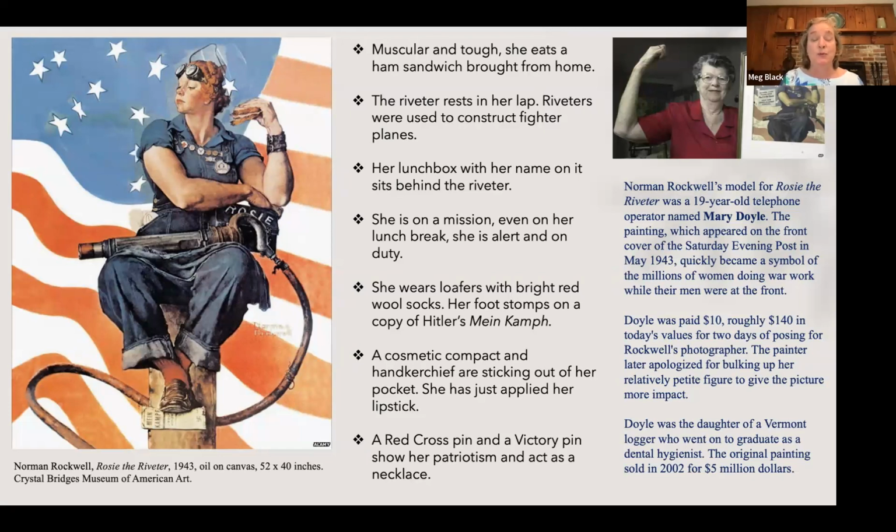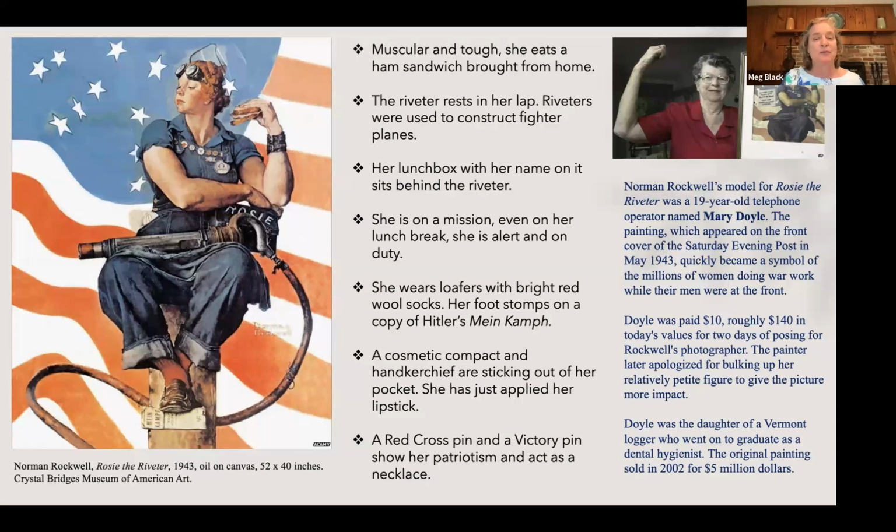And apparently she was really, really pretty and really, really tiny. And so Norman Rockwell actually sends her a letter apologizing for the way he depicted her in this very famous cover for the Saturday Evening Post from May 1943. So this was a cover for the magazine, which was a very popular magazine at the time.